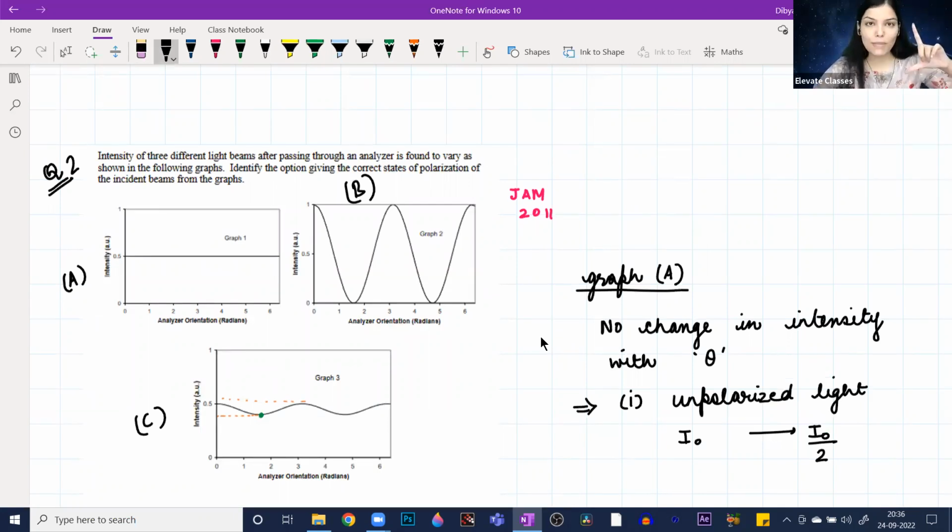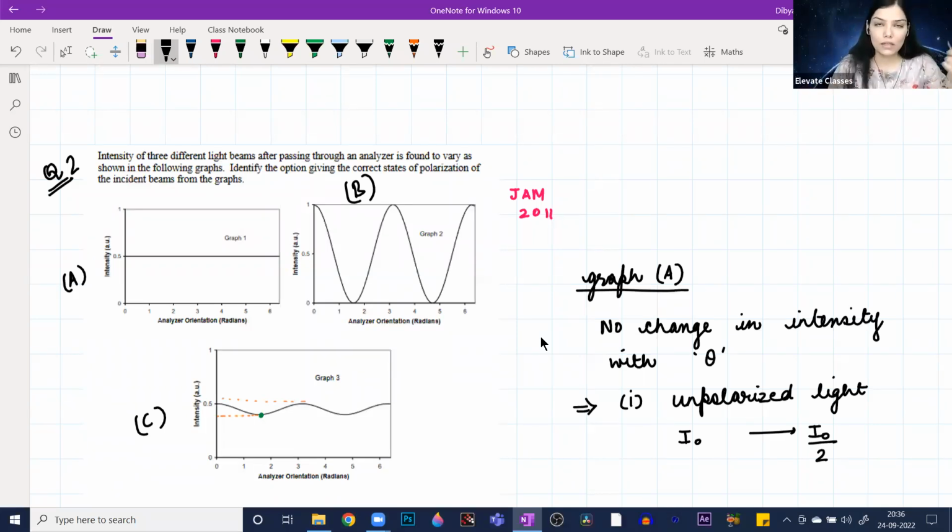So it is changing. Maxima पे it's 1, मतलब the whole intensity is passing, but at minima it is equal to 0.